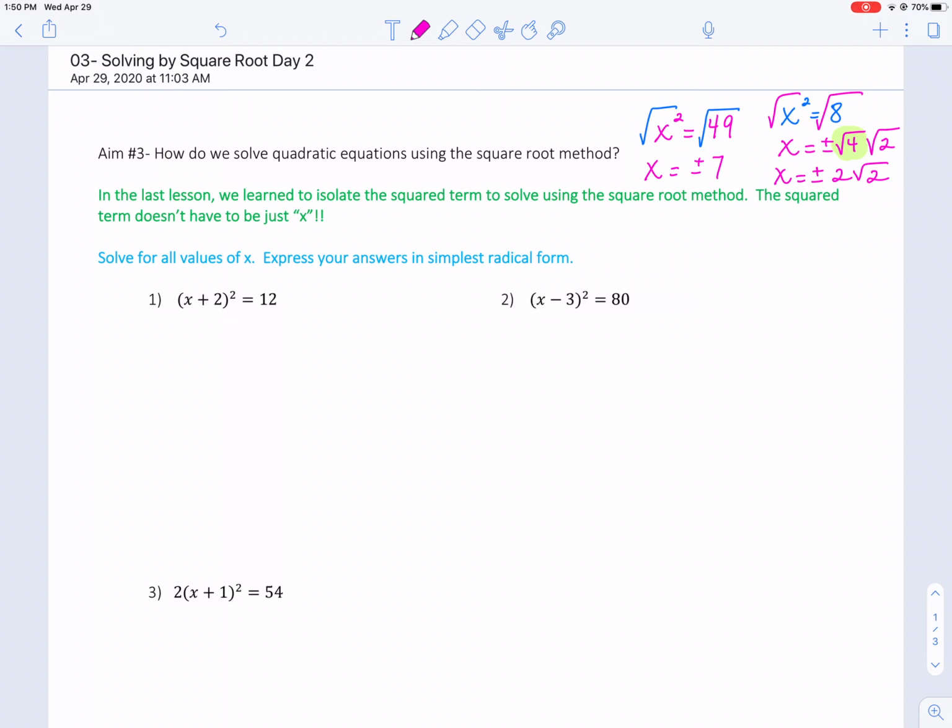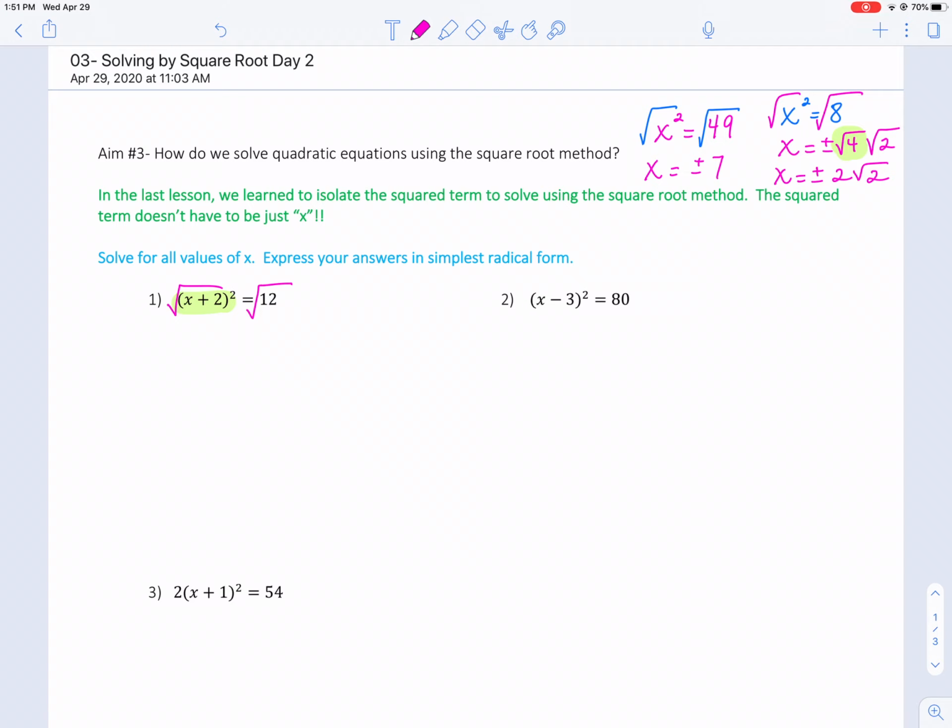So in the last lesson, we learned to just isolate the squared term. Well, today, the squared term doesn't have to just be an x. In other words, here in this first example, that whole parenthesis, x plus 2, is being squared. So watch what I'm going to do. I could immediately take the square root of both sides because I have a squared term on one side and my number on the other.